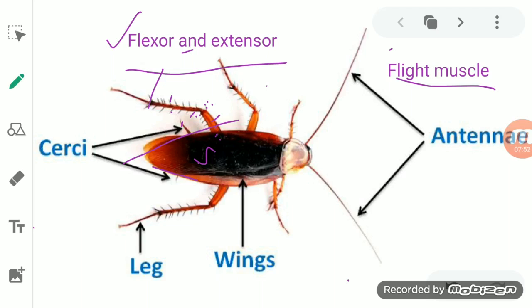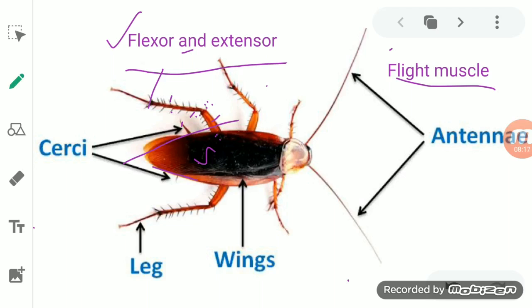And when we talk about the downstroke of the wing, what does that mean? Pushing the air in the downward direction is the downstroke of the wing. After making the downstroke, the cockroach raises its wing up and then makes another downstroke, and this keeps the cockroach flying.